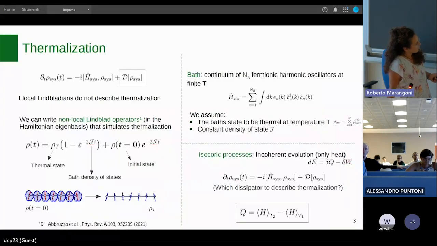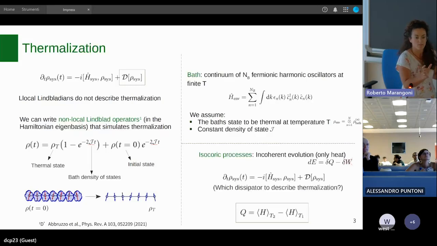If you write this equation here, you see that the density matrix of the system at time t follows this evolution, where this is the initial state that can be not thermal, and this is the thermal state. Essentially, this tells you that with this setup, we can simulate a system that goes toward the thermal state exponentially fast, with a rate set by the constant density of states of the bath.